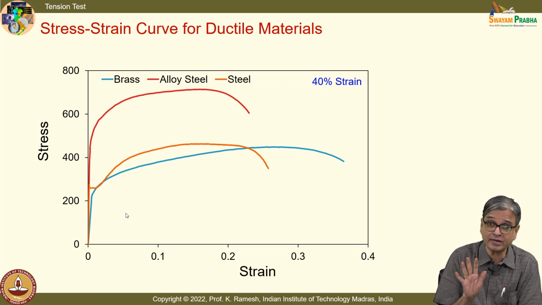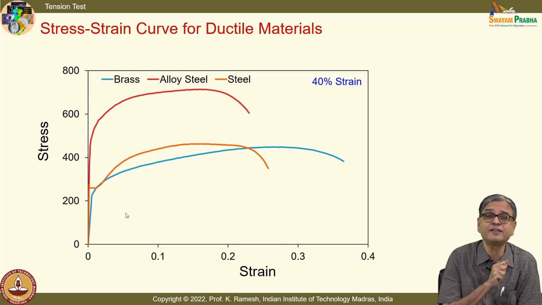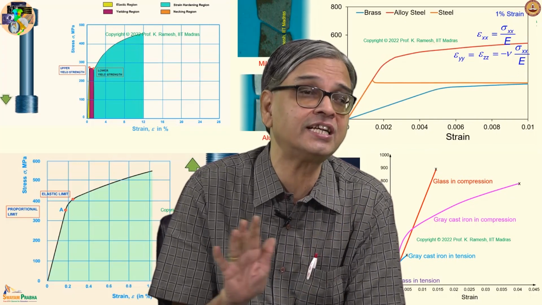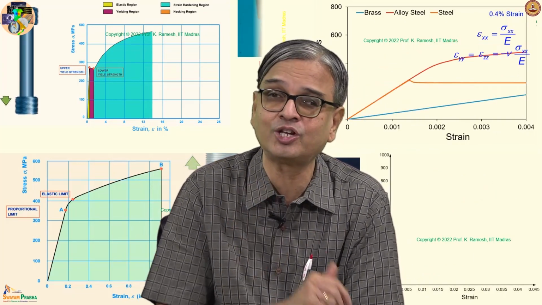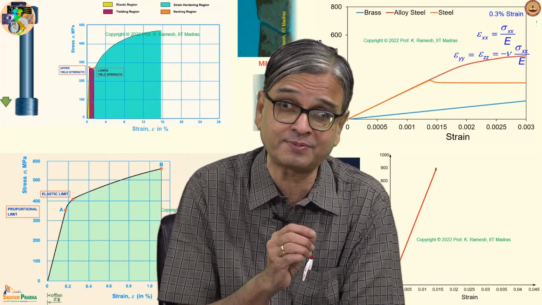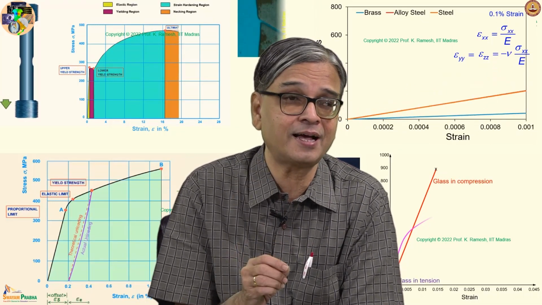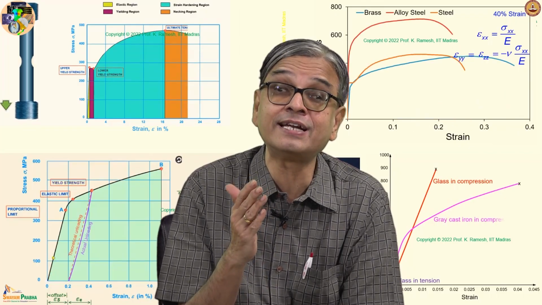It is very important. It is extremely difficult to change the Young's modulus of a material. Your heat treatment or alloying does not change the Young's modulus, which you will see elaborately in your material science course. It is a very important observation, because when you have the data appearing before you, you should also know how to interpret them.